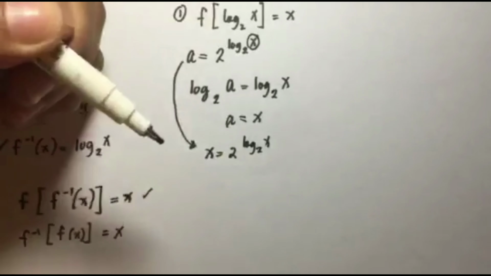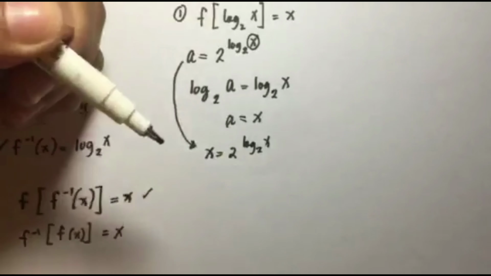If you have logarithm of 7 raised to 4 to the base of 7, ang sagot dyan is 4. Basta parehas ang base niya, ang sagot yung exponent. So, from our case dito, logarithm of 2 to the x to the base of 2 equals x, ang sagot dyan is the exponent x.